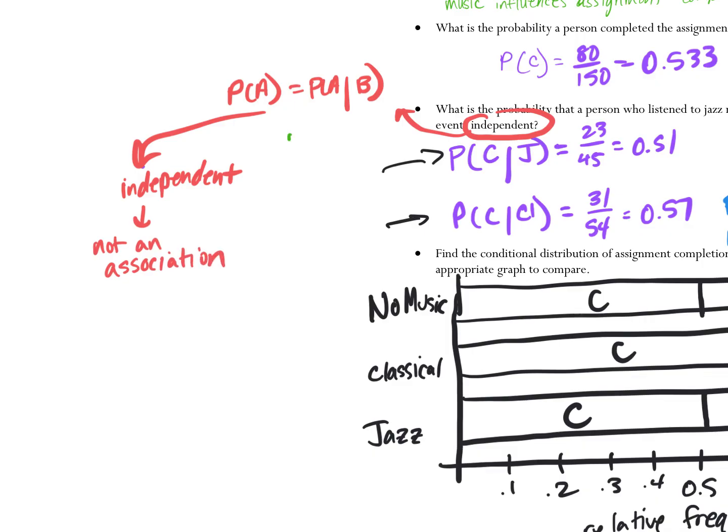If we have that the probability of A is not equal to the probability of A given B, we would say that they are dependent. And if two events are dependent, another way we might say that is there is an association.